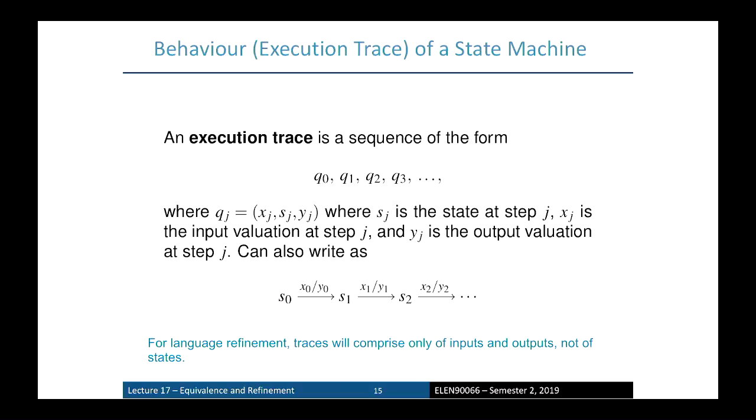So here we're in S0, and for input X0, we output Y0, and we transition to S1, etc. So we put our inputs and our outputs, our transition guards and our outputs here like this. So it's like a flattened FSM almost for a particular input case, I should say.